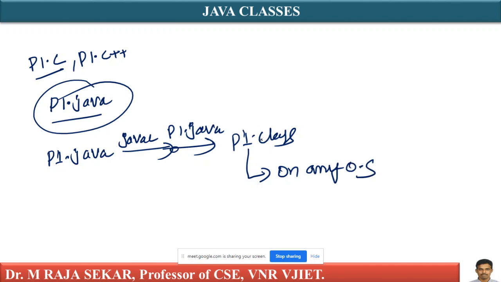For this reason, Java is called platform independent. It can be executed on any platform. Once you create the .class file, you can keep that particular .class file on any operating system and execute it.